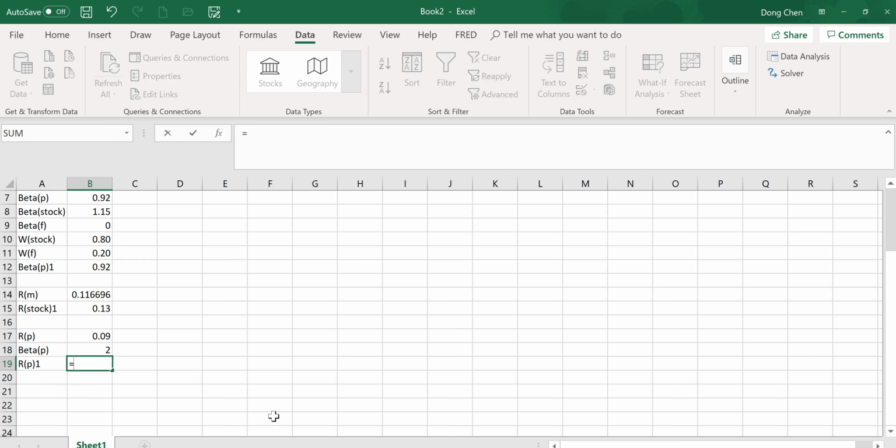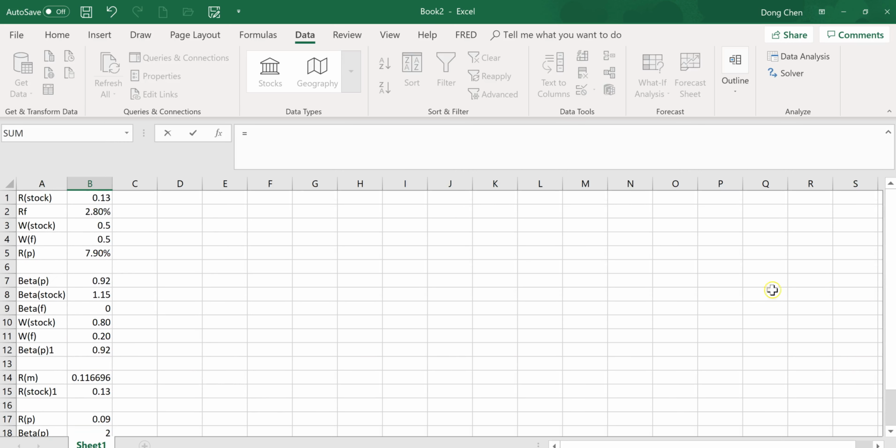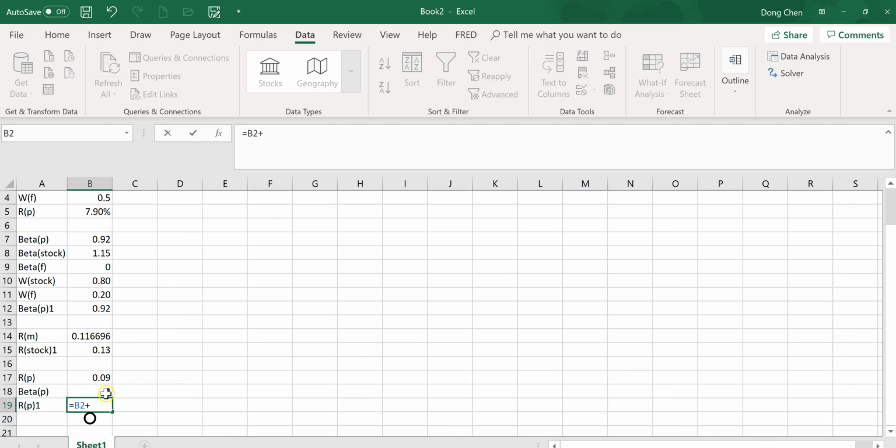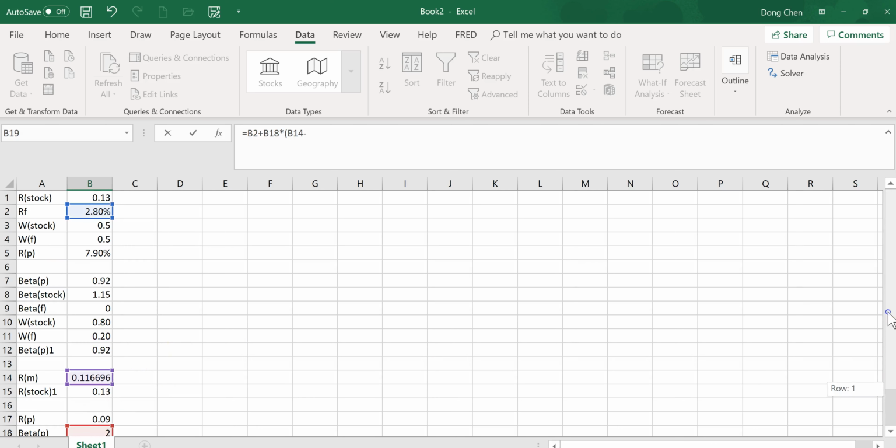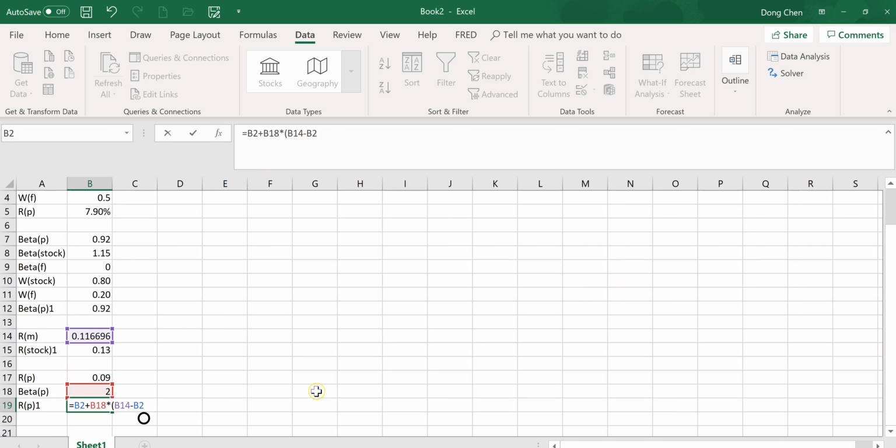I can use CAPM now. So this is the risk-free asset, plus beta, times the return on the market, which we just calculated, minus the risk-free rate, Rf.